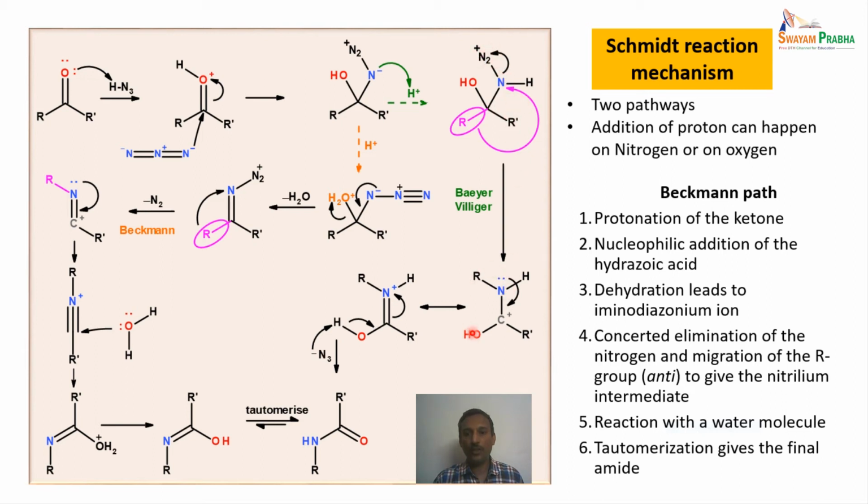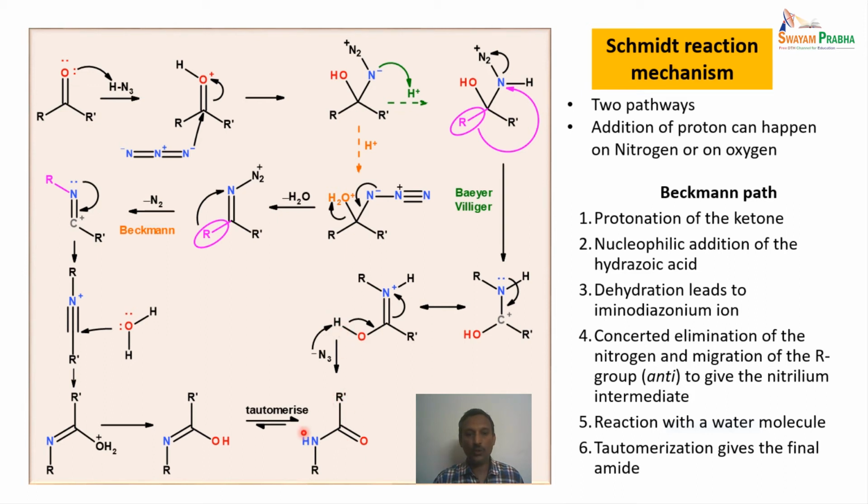That leads to this particular carbocation intermediate, which is quite unstable. The nitrogen has a lone pair, so it donates the lone pair between the carbon and the nitrogen, which leads to the formation of a double bond here. And in the initial step, the acid is formed, so that acid abstracts a proton from the OH group.